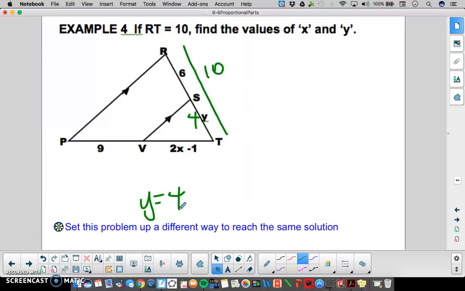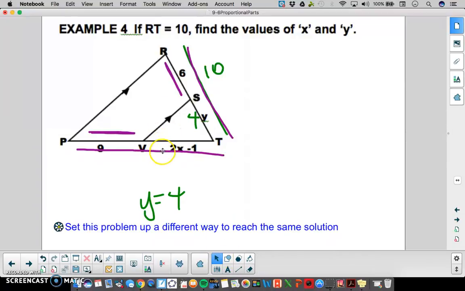Now I'm going to use proportional parts to set up and solve for x. I could use the piece RS and RT, so the part to the whole, and then RS corresponds to PV over the whole. So I can use those pieces to set up a proportion to solve for x.